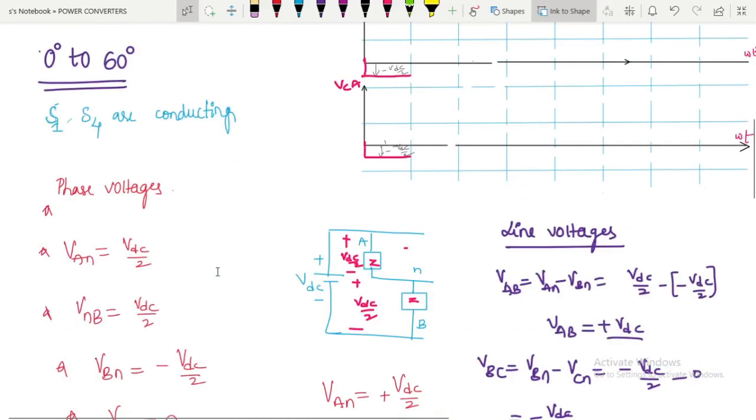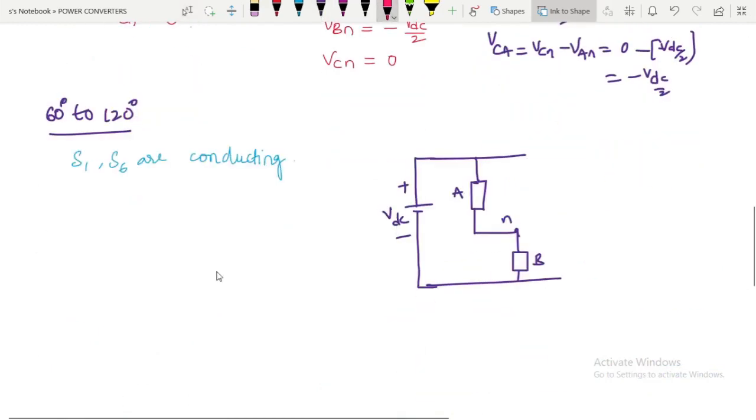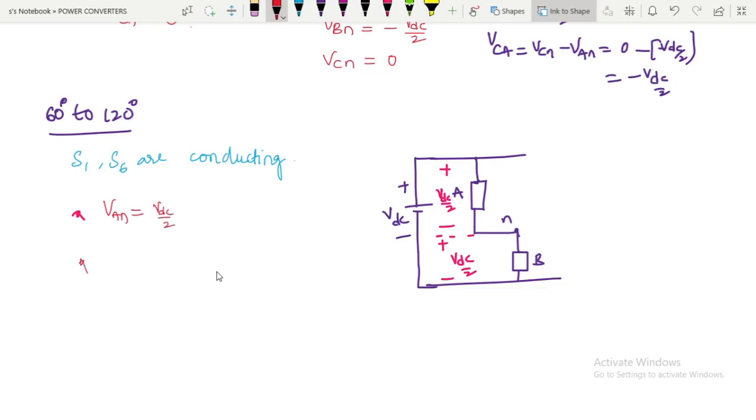Now let us see what is happening here. The voltage VDC will be distributed evenly, VDC by 2 and plus or minus VDC by 2 here. So VAN is equal to VDC by 2. Similarly, VNB is equal to VDC by 2, but we need VBN, which is opposite, minus VDC by 2.